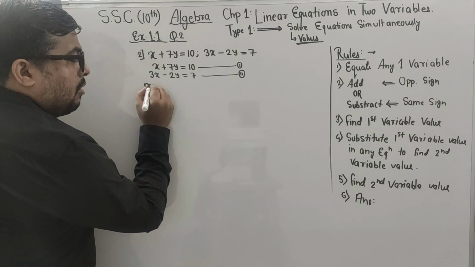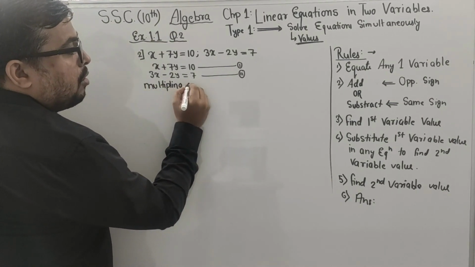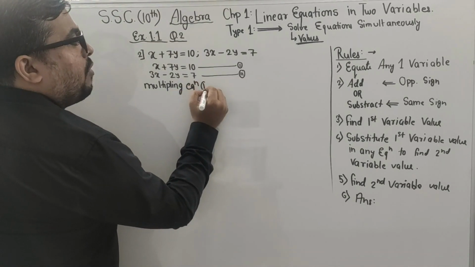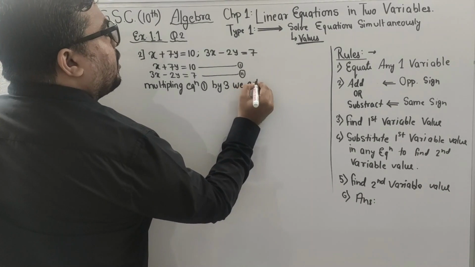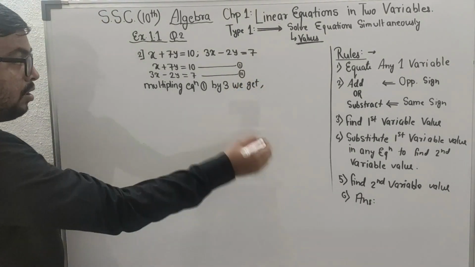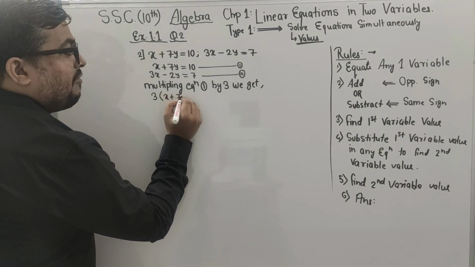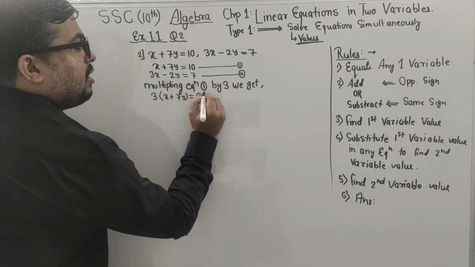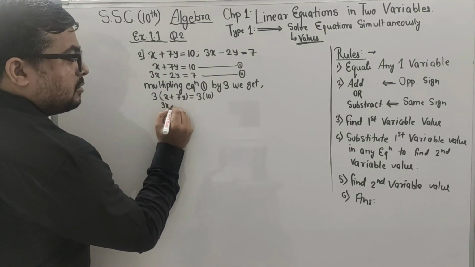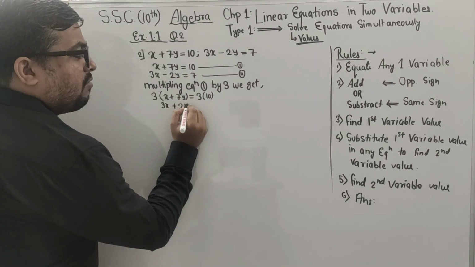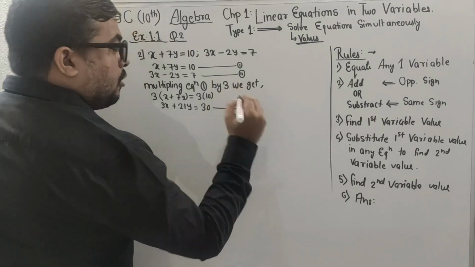So I am writing here, multiplying equation 1 by 3, we get, 3 से multiply करना बेटा आपने को 3x plus 7y is equal to 3 into 10. 3 into x is 3x. 3 7s are 21y is equal to 30. This is your equation number 3.